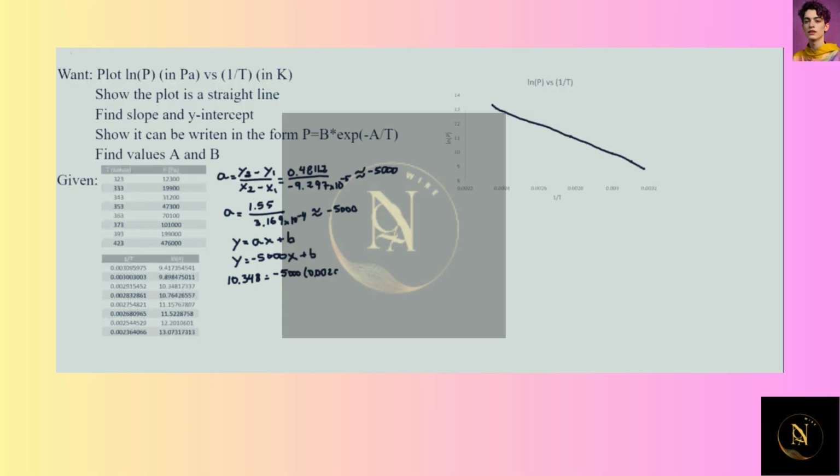If you solve this equation, you're going to see that b is going to be approximately 25. Again, you can use any of these data points if you want to do a double check, make sure that you got the right number. But we found the y-intercept, and we also found the slope.